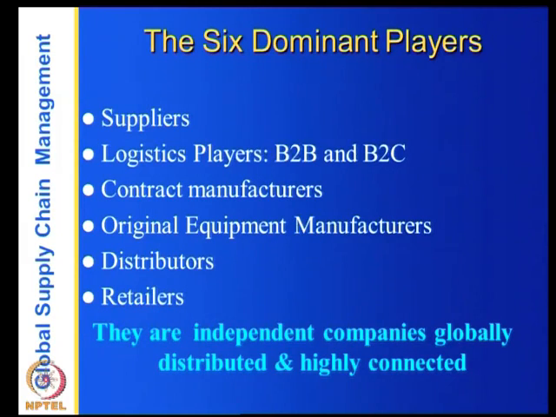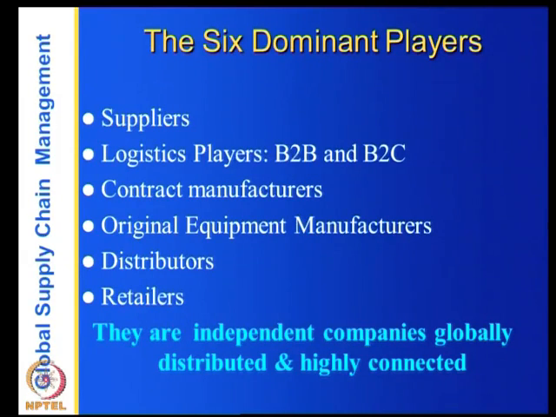If you are looking at a 30,000 feet view of a supply chain, you have suppliers. And how many suppliers? They are scattered all over the world. Depending on that, if you take auto manufacturers, there could be 4,000 to 5,000 suppliers.